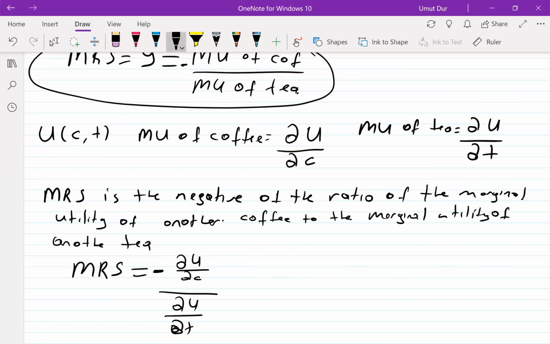This negative sign is basically to represent the slope.